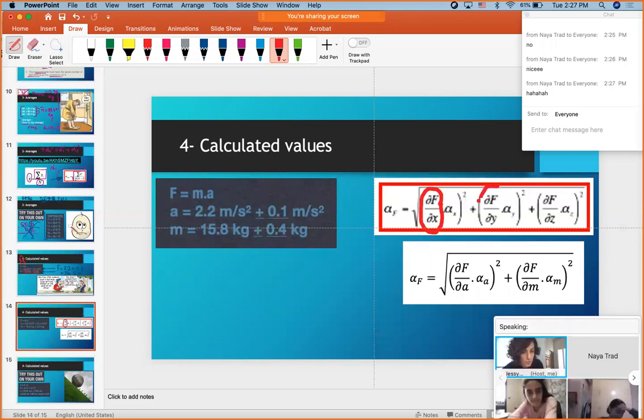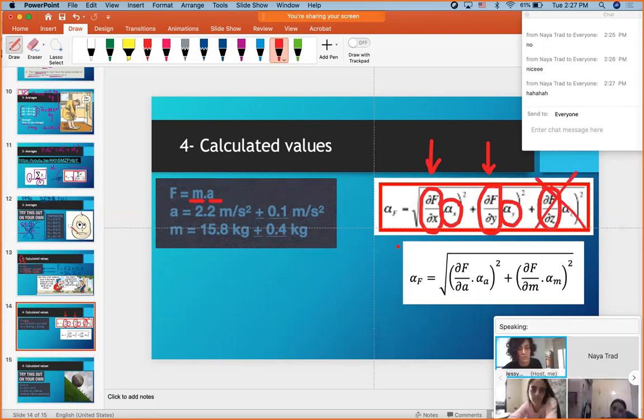This is the derivative of f with respect to y, and this is the derivative of f with respect to z. In my case, I only have two measurements, so I'm going to do only two derivatives. This is the error on x given, this is the error on y given, and I don't need this one since I have only two parameters.